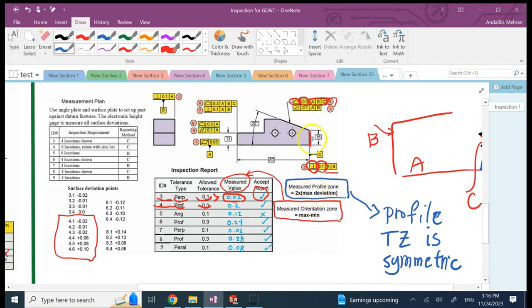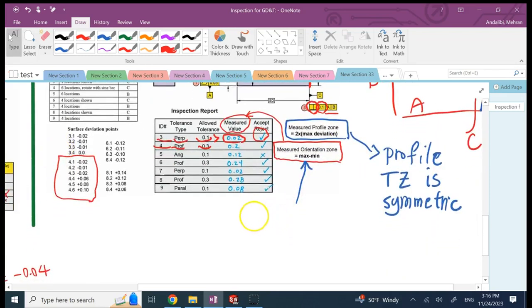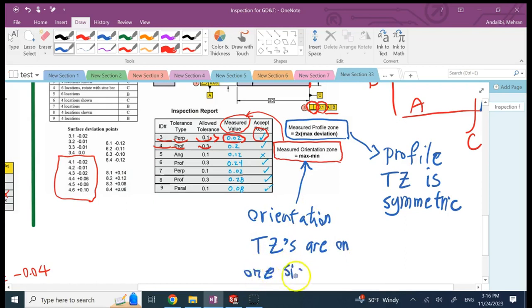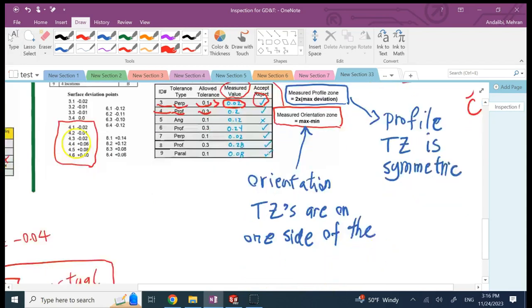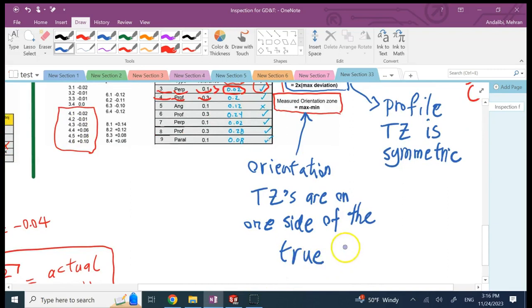But angularity, perpendicularity, or parallelism, these orientation tolerance zones are only on one side of the true surface.